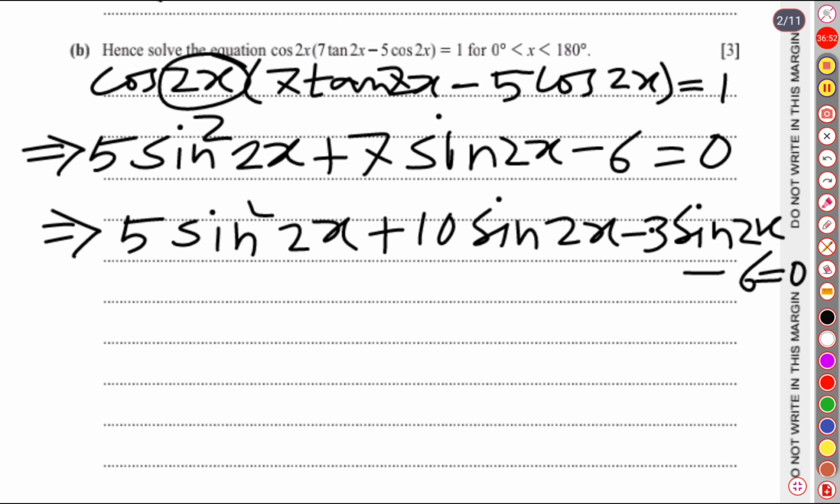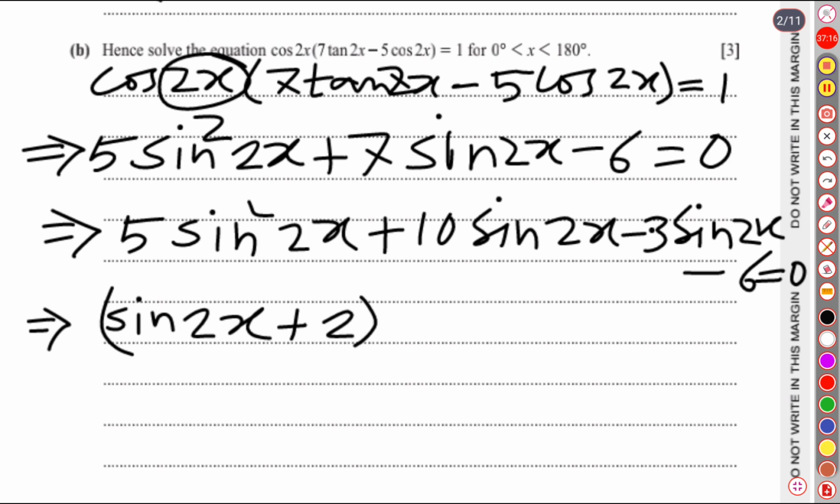Now we can factorize. 5 sine 2x can be taken as common, so there will remain sine 2x plus 2.